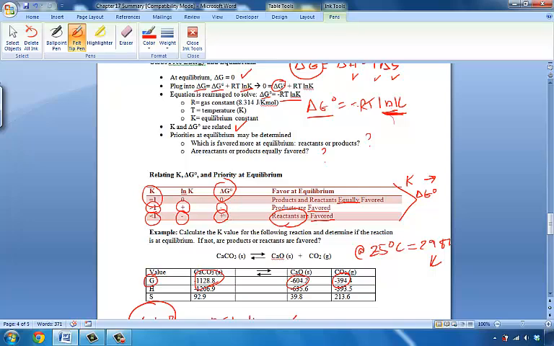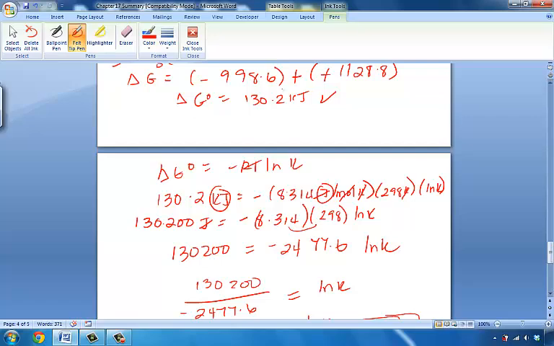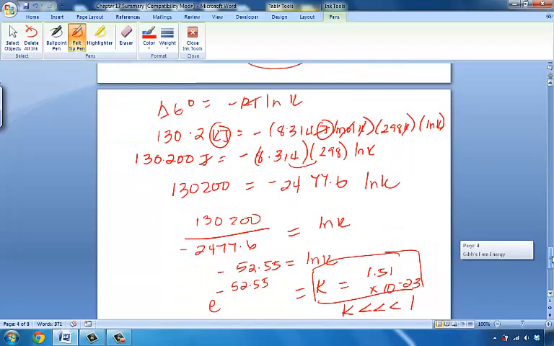That also means that our delta G value should be a positive value. Let's check and see if that's the case. Our delta G value was indeed a positive value. A positive delta G gave us this value here that was negative, a negative ln K, which gave us a K that was significantly less than 1.